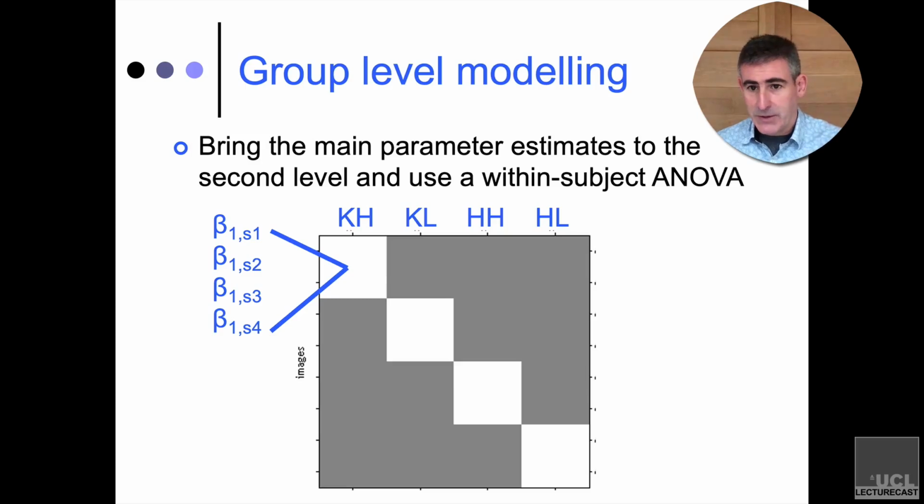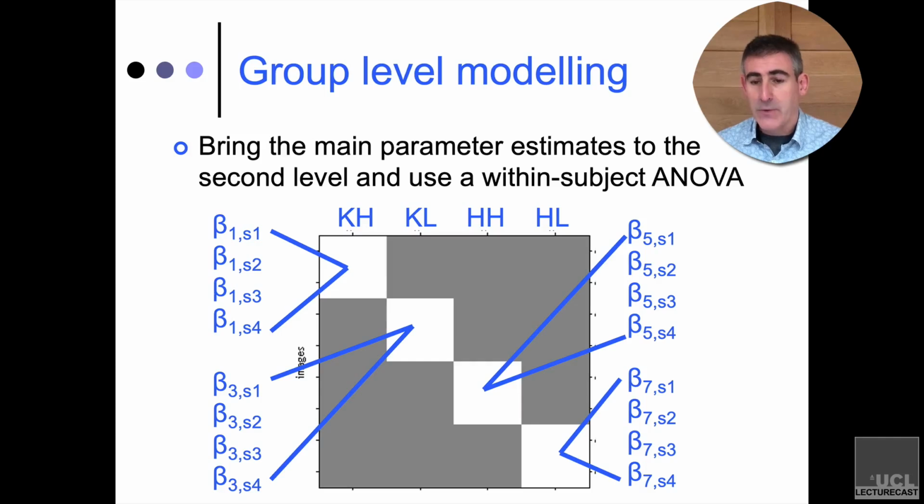But they all then get put in this first block. Then similarly, beta 3 is low familiarity kanji, and they'll get in the second block. Beta 5 is high familiarity hiragana, and beta 7 is low familiarity hiragana, excuse me.